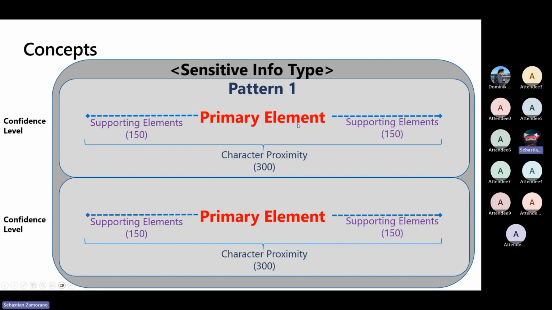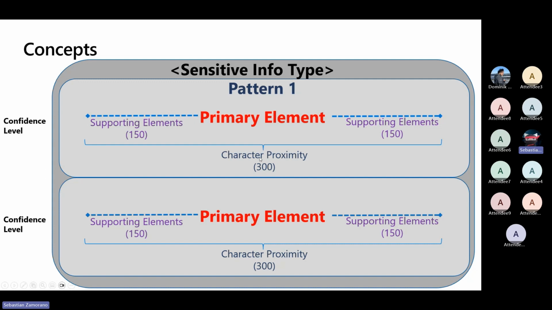This is the basis of creating sensitive information types, and we will see the same on Exact Data Match. For that reason, this is very important. In high confidence, that means we are looking for a primary element and many supporting elements.